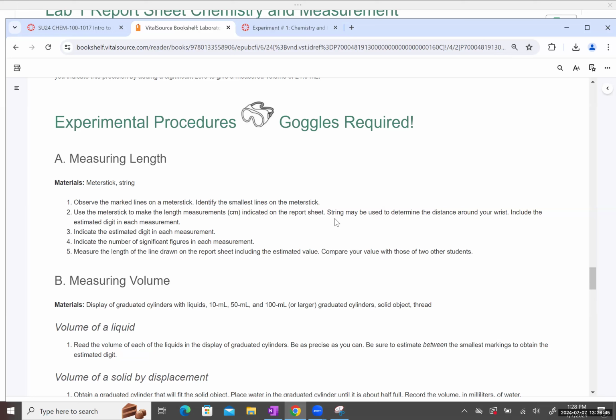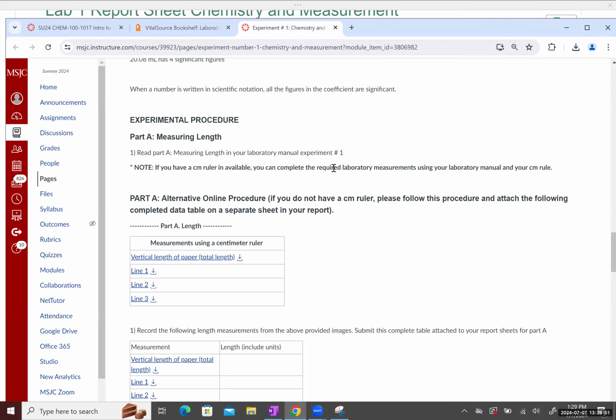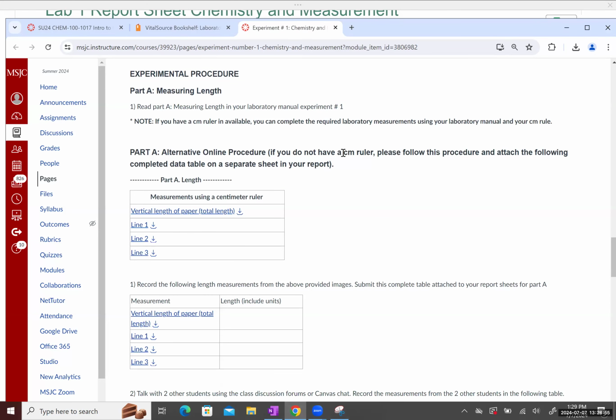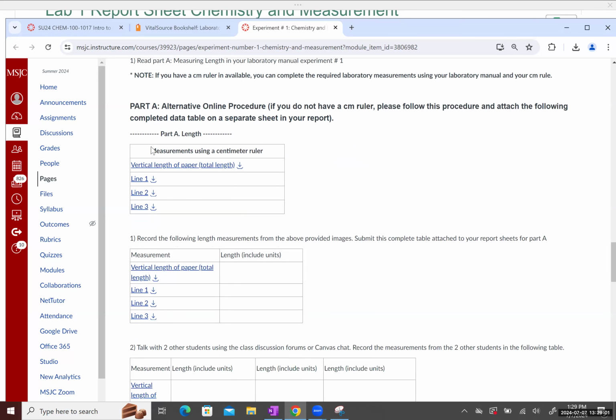Now, because this is a virtual lab and we may not have all of the equipment needed at home to complete these experiments, there is an alternative procedure for this lab. If you don't have a centimeter ruler, please follow this procedure and you'll attach the completed data on a separate sheet. So we have these data tables that we're going to be filling in because we don't have a centimeter ruler in this example.